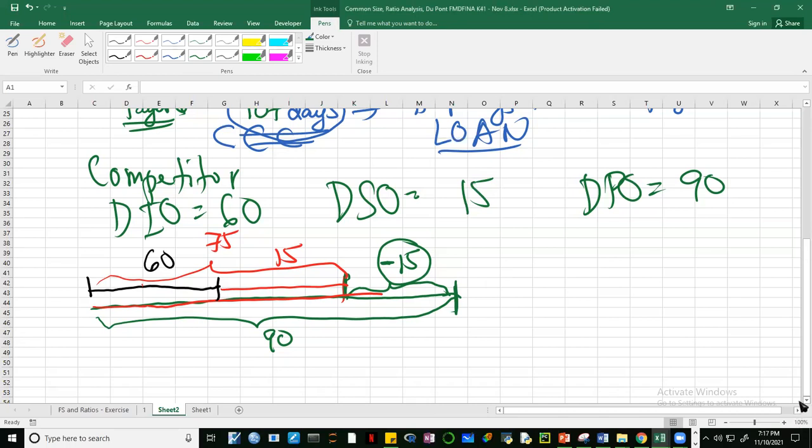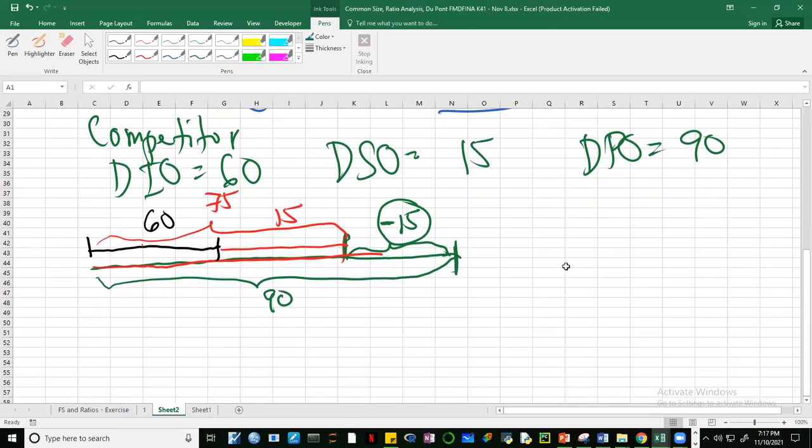However, okay, ito may however na, may caveat to, ha? Okay, let's suppose you have a situation where the company is able to collect on the receivables. 30 days pa lang nakokolekta na nila, no? Ito yung operating cycle nila.